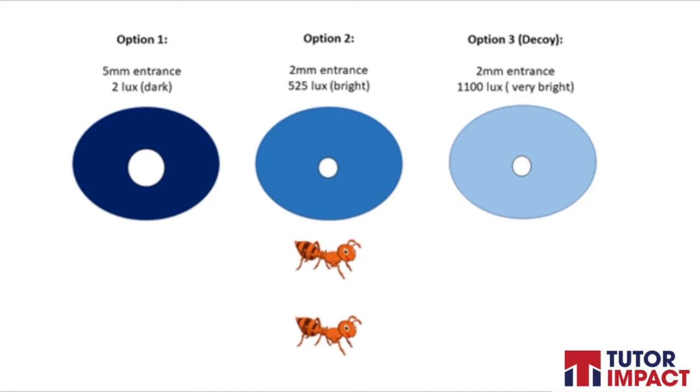Option 2 is clearly better than option 3 because they've got the same size entrance, but option 3 is brighter. But option 3 isn't clearly better than option 1 because option 1 is darker, while option 3 has the smaller entrance. So it's not quite clear who wins out there. But option 3 is clearly worse than option 2. So in this instance, the ants chose option 2.